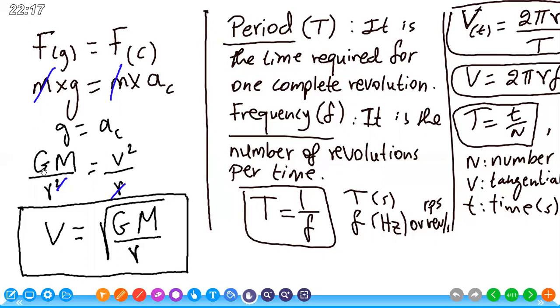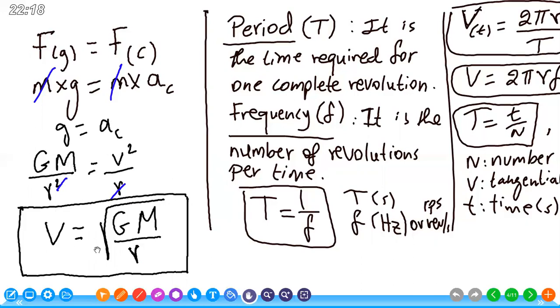The equation of g, if I replace it, is going to be Newton's constant times the mass of the planet over the distance squared between the object and the center of the planet. And here we know that a_c is equal to v squared over r. If I cancel r with the square, I will end up with v squared equal G capital M over r.